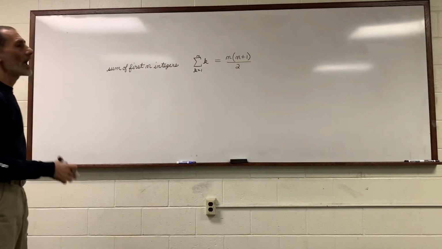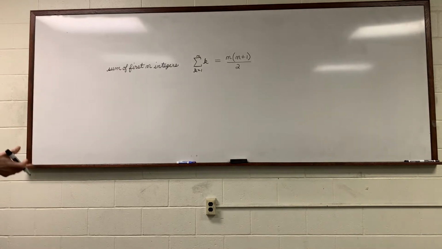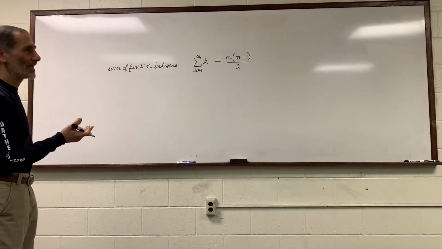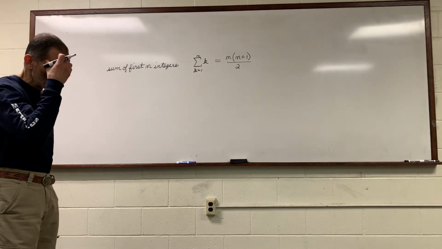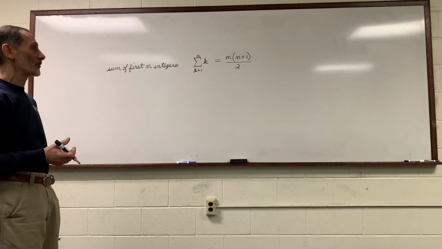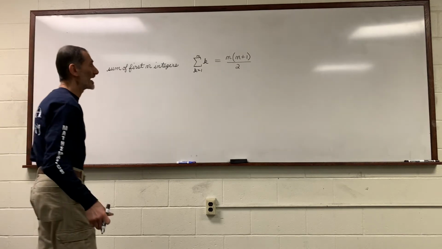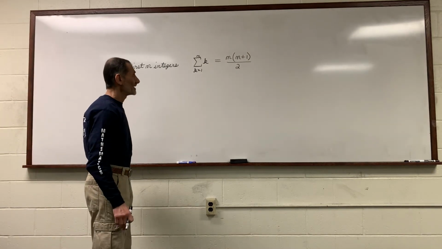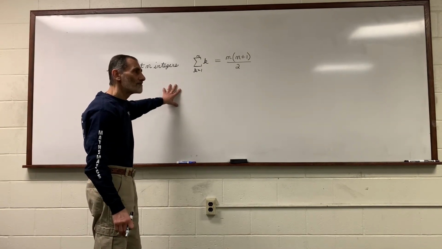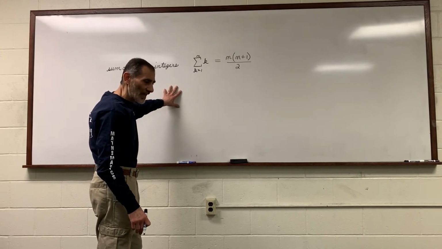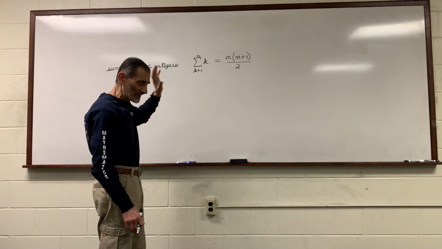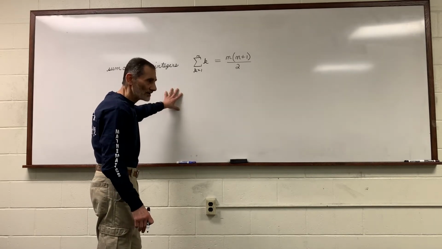Now, anybody who has studied this has heard the story of how this was arrived at. This was discovered by an elementary school student in the late 1700s in Germany named Carl Friedrich Gauss. And as the story goes, the teacher in his elementary school class wanted to give the class something to do to keep them busy for any length of time.